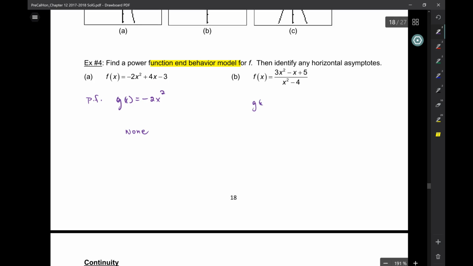Here, g of x will be 3, because we take this and this. So the horizontal asymptote will be y equals what? The end behavior is 3. So when x equals 5,000, what's y? When x equals negative 5,000, what's y? 3. So it's 3.